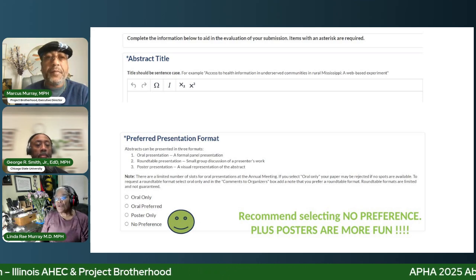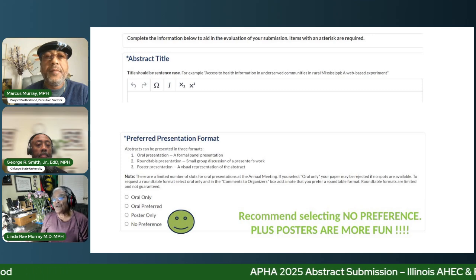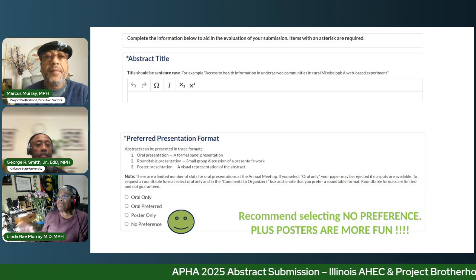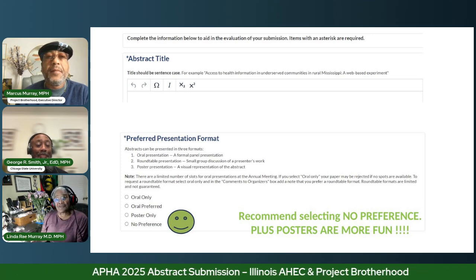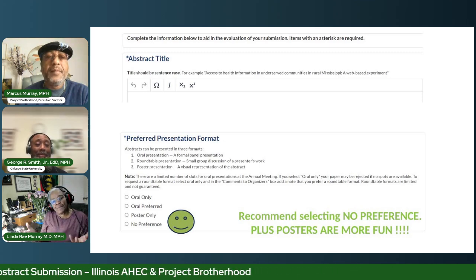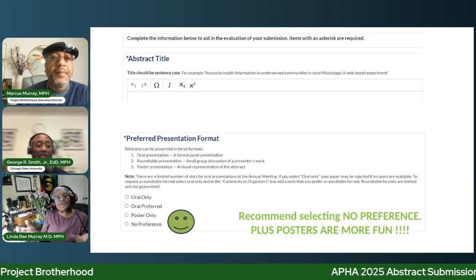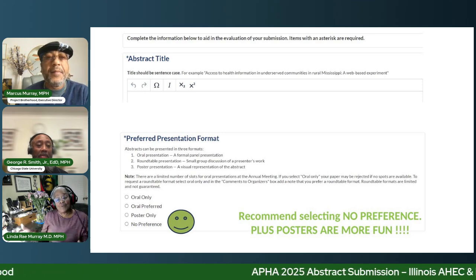This is an important slide here where it says oral only, oral preferred, poster only. My advice is put no preference. Okay, that's my advice. What happens with the people who are making this program is it depends on what city we're in and how much room we have.